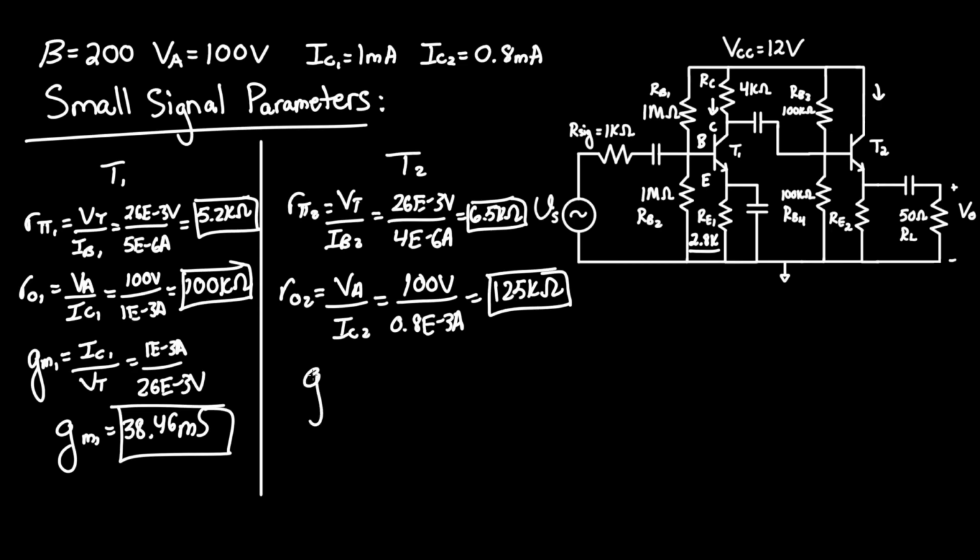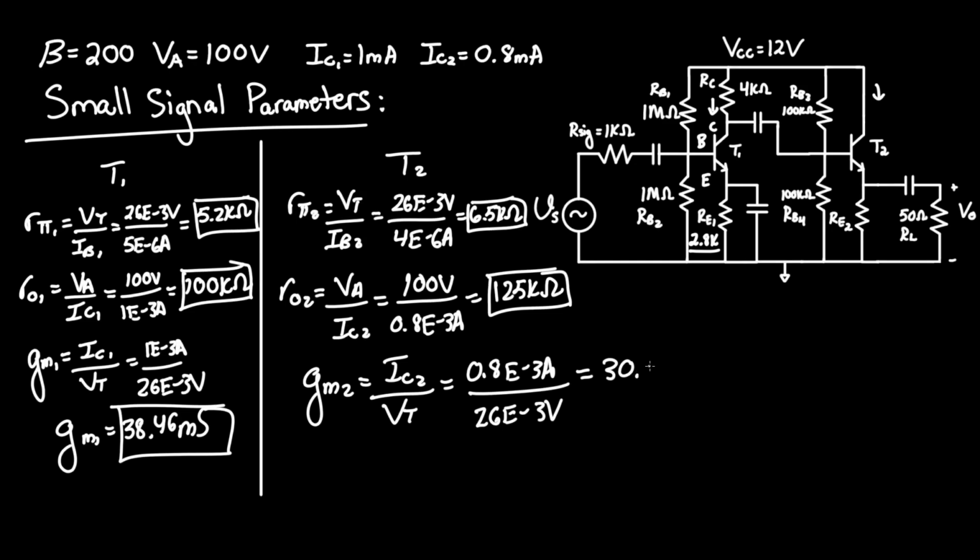And lastly, GM2 equals IC2 over VT, which equals 0.8E negative 3 amps over 26 millivolts, which equals 30.77 millisiemens.